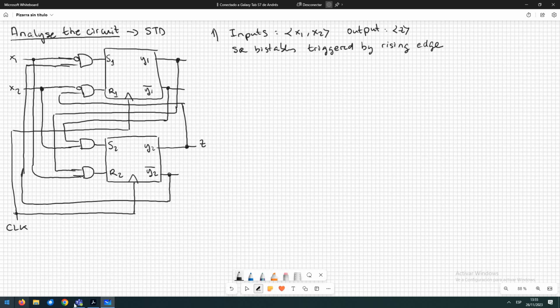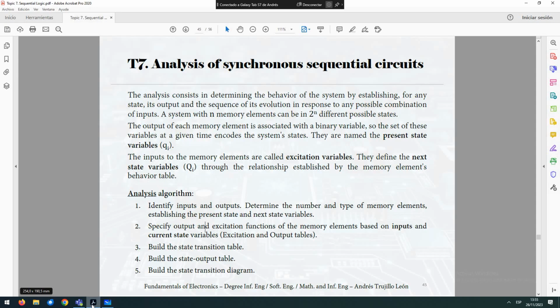The second step is to specify the output and excitation functions of the memory elements based on the input and the current state variables. So we have to get the equations of the next state variables and the output variable as a function of the input and the current state.